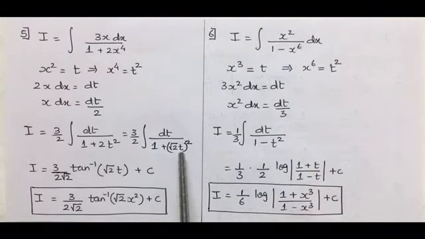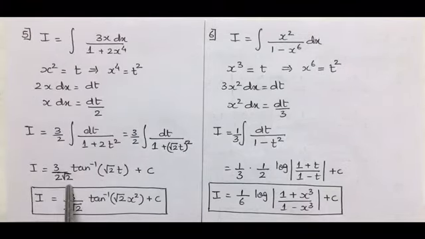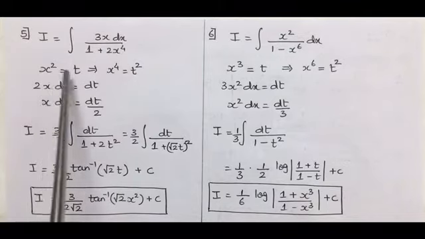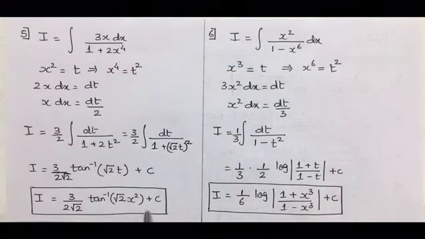Tan inverse of the x part is root 2 t divided by a, which is 1, so it will remain as root 2 t. Now outside, the root 2 which is divided is the coefficient of t. So the answer becomes 3 upon 2 root 2 tan inverse root 2, and putting the value of t as x square, plus c is the final integration.